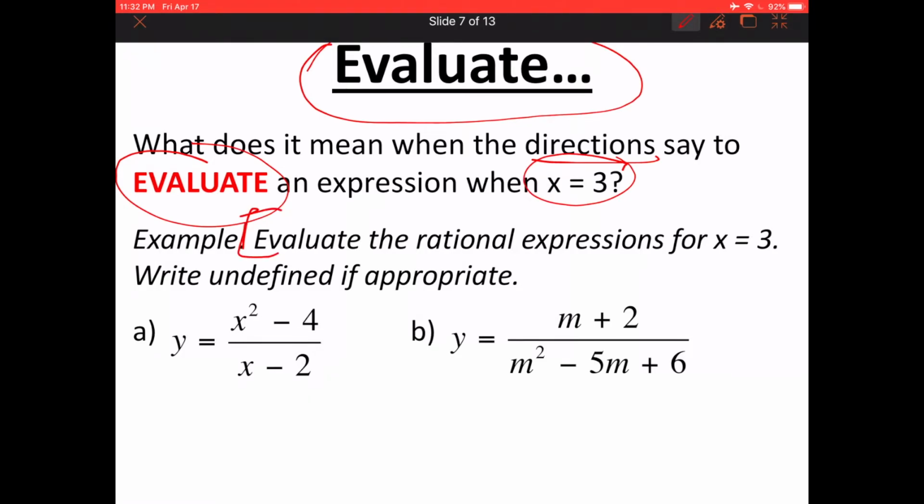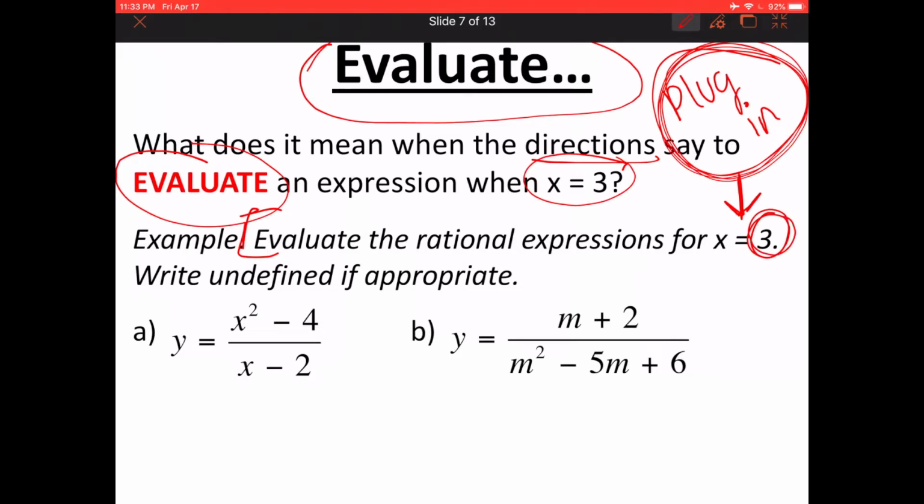Evaluate the rational expression for x equals 3, write undefined if appropriate. When we say evaluate, all that means, guys, is plug in. So if the directions say to evaluate for x equals 3, that just means plug in the number 3 for the variable. Okay, so let's do that here for the example.